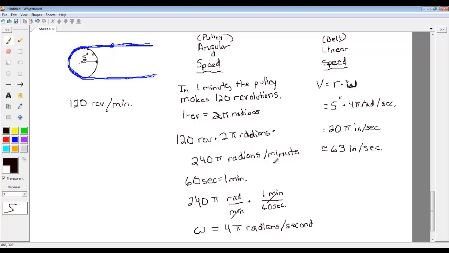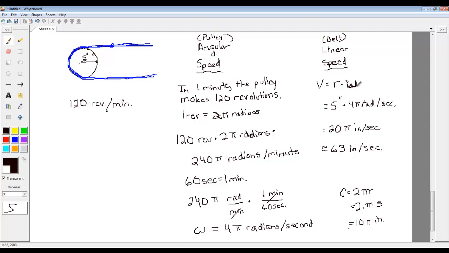The circumference is 2 pi r. 2 times pi times the 5, you get 10 pi inches. That's the circumference. And if it's going around the circumference twice every second, then it's doubling this. It's going 20 pi inches per second. So when you look at linear speed, you really are looking at how much of the circumference it is traveling per unit time, per second or whatever.